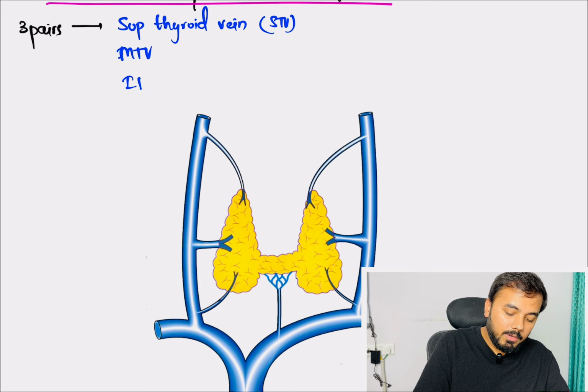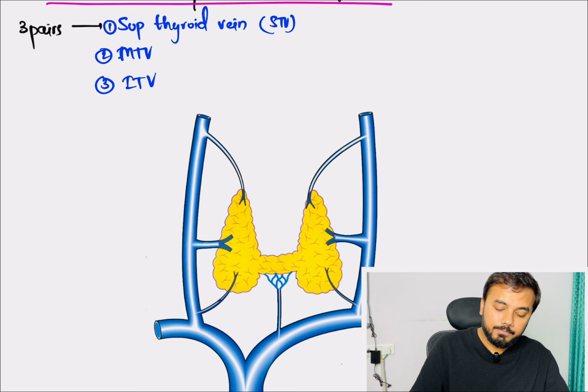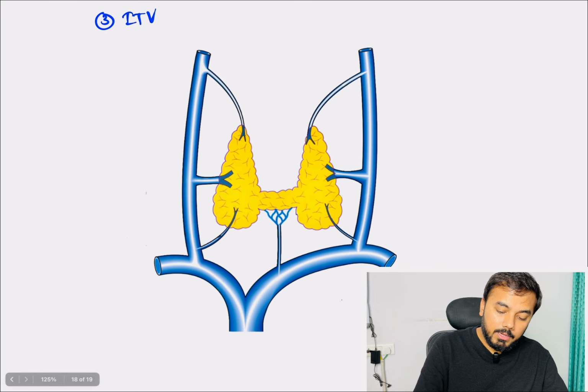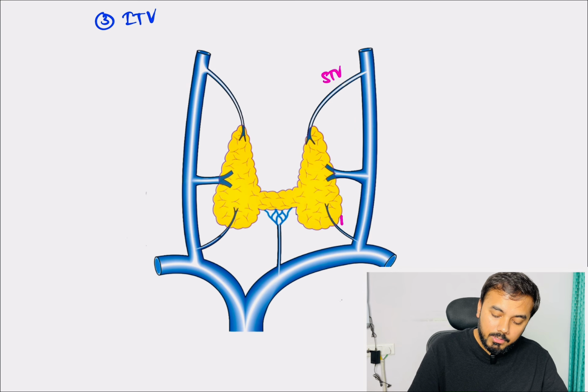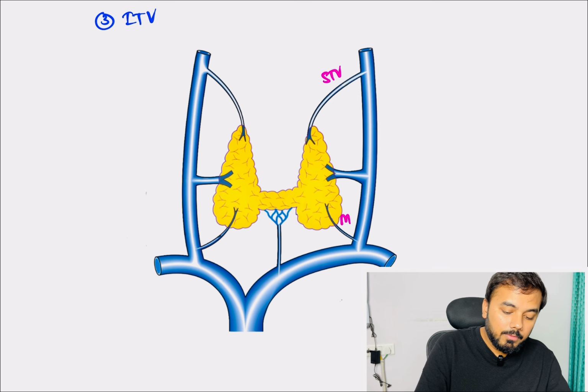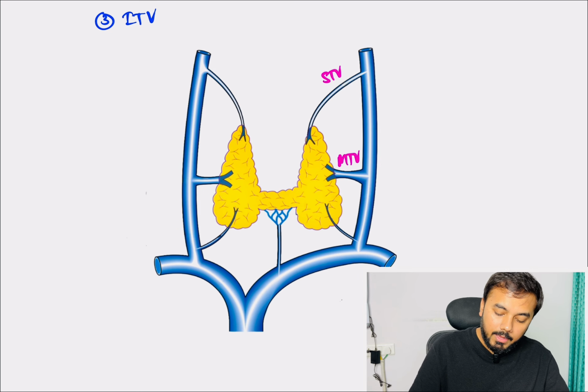Another one is your inferior thyroid vein. So there are three pairs, six veins. This one over here is your superior thyroid vein, this is your middle thyroid vein, and this one over here is your inferior thyroid vein.